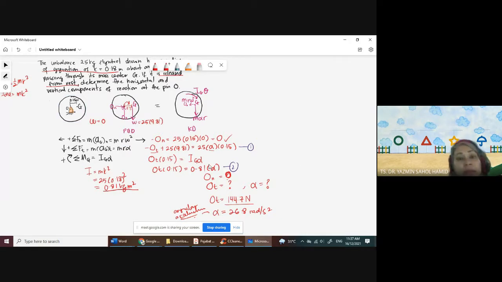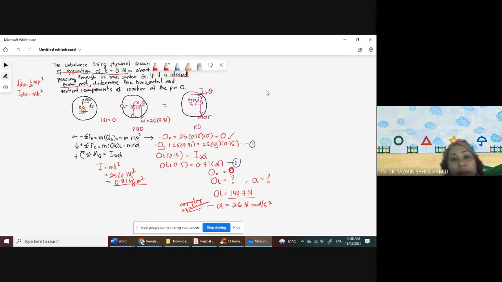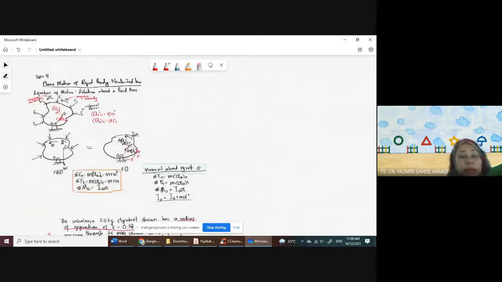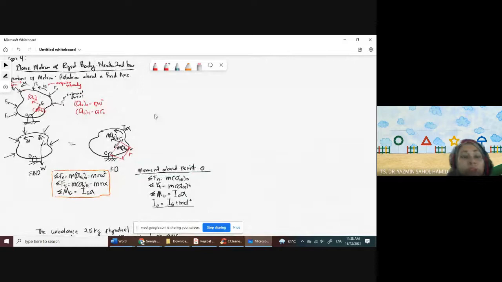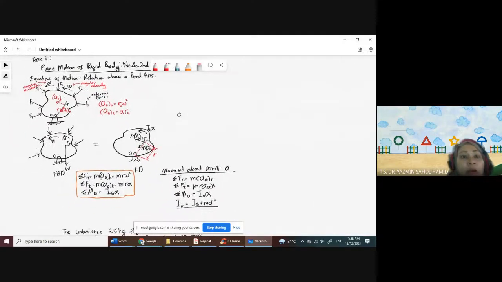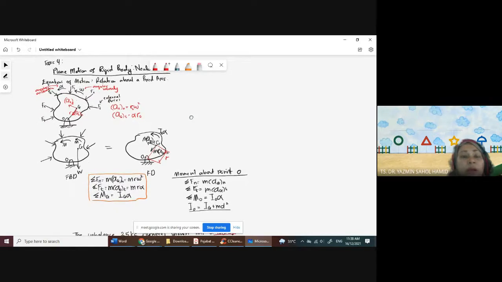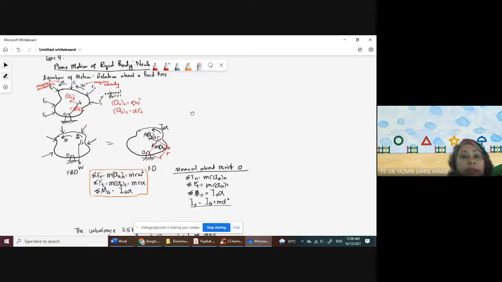Alright, so that's why you need to try different types of questions so that you can understand better lah. Okay, so good job. So for today's class, I'm going to recap. Today, we're doing plane motion of rigid body using Newton's second law. So for today's class, I'm focusing on how to consider motion about a fixed axis.